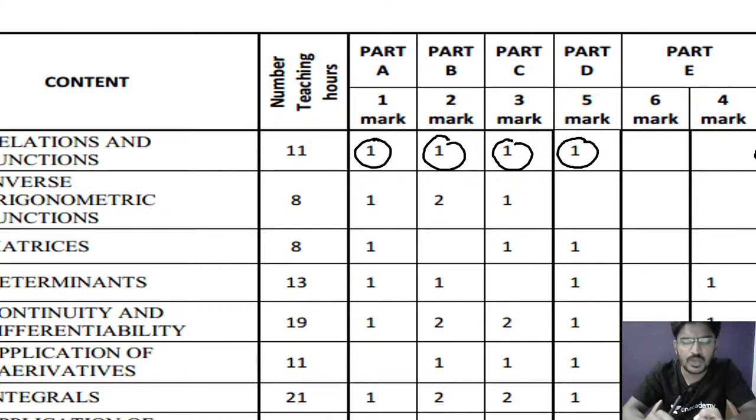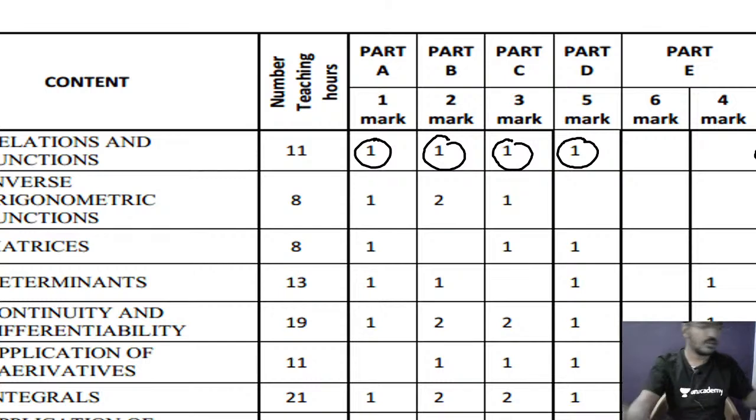Some important 1 mark problems are going to be asked on those relations where the definitions are given. And for this 1 mark, I am going to tell you some of the important problems.